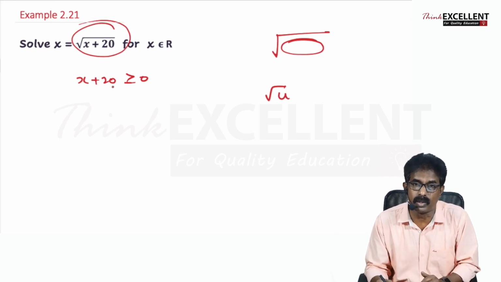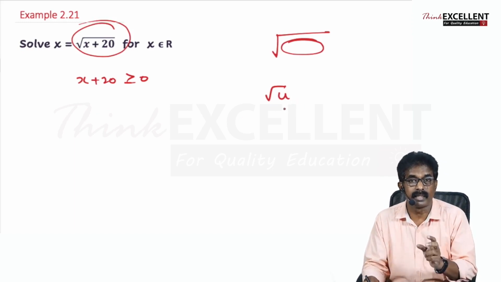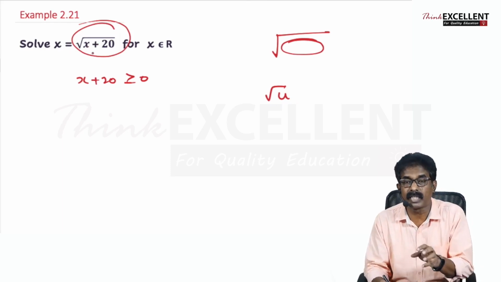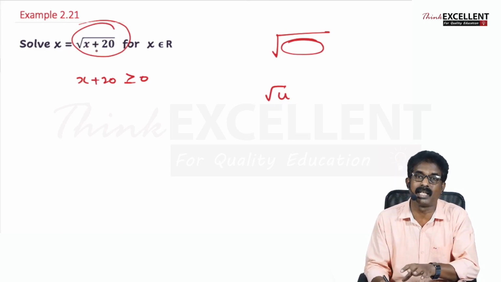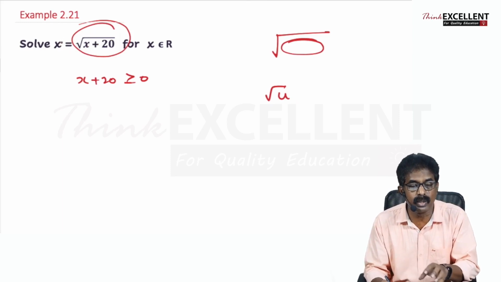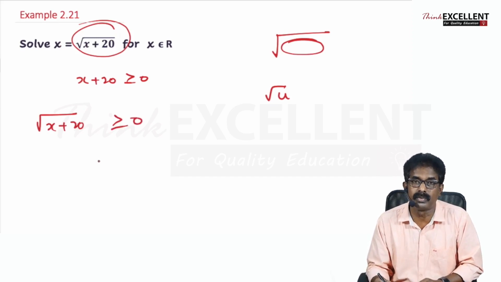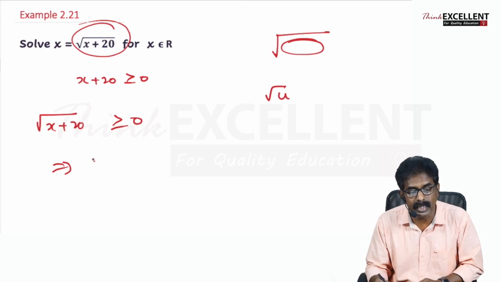So root of x plus 20's answer must be greater than or equal to 0, and that is equal to x. So x is greater than or equal to 0.